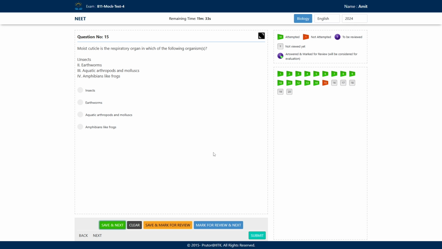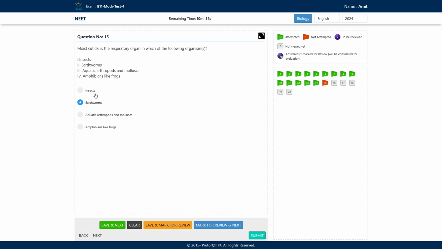The correct answer is earthworm. Earthworms actually have a covering of cuticle at their outer body surface, and when they are wet, they can take oxygen through it. So the cuticle is the respiratory organ in earthworms, helpful for exchange of gases. Insects have chitin that is not meant for respiration.